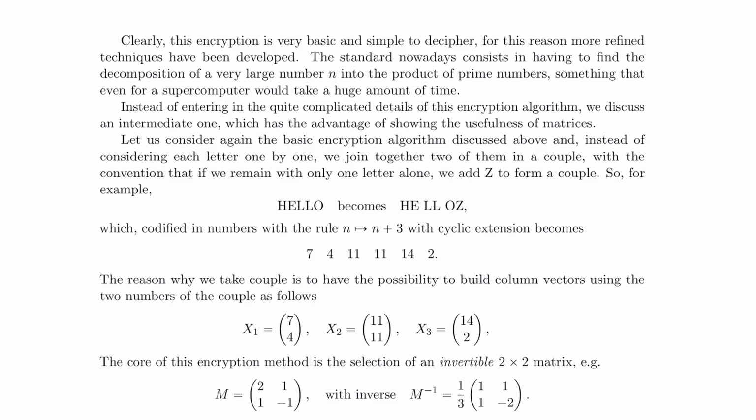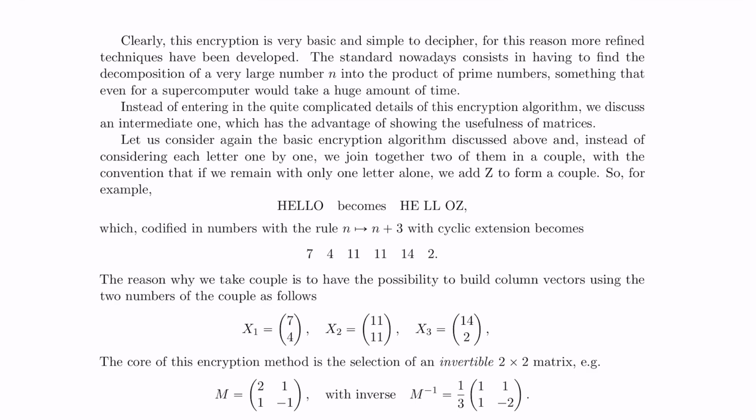Now, the reason why we take couples is that we can arrange a couple of numbers into column vectors like x1, x2, and x3 that you see here. The fact of having the possibility to deal with column vectors allows us to introduce the core of this encryption method, that is, a matrix.